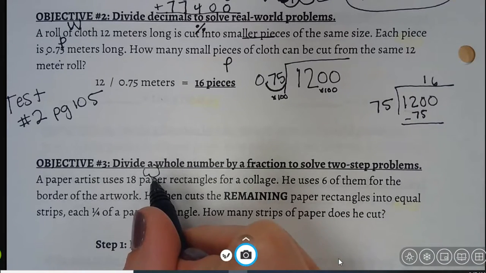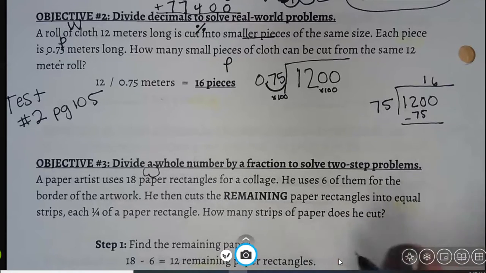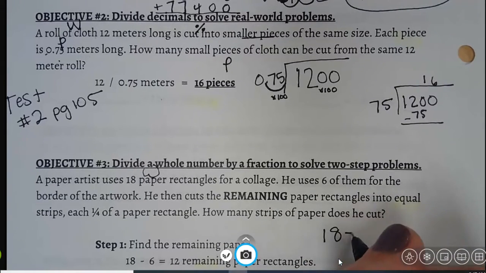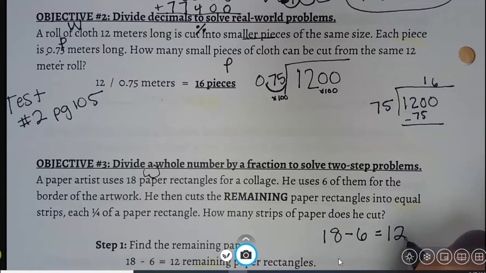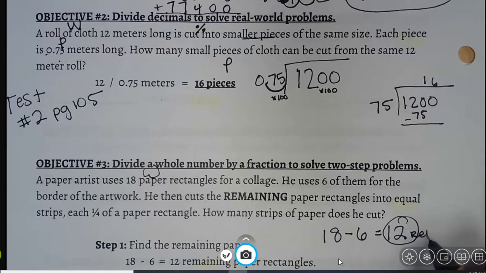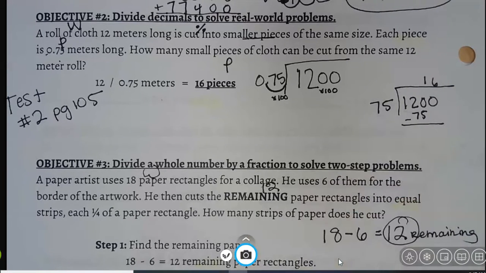So we're not dividing there. That's simply subtracting 18 minus 6 because he's using 6. So that means I have 12 left over. He then cuts the remaining. This is the 12 remaining. So the first step of our problem is simply subtraction.